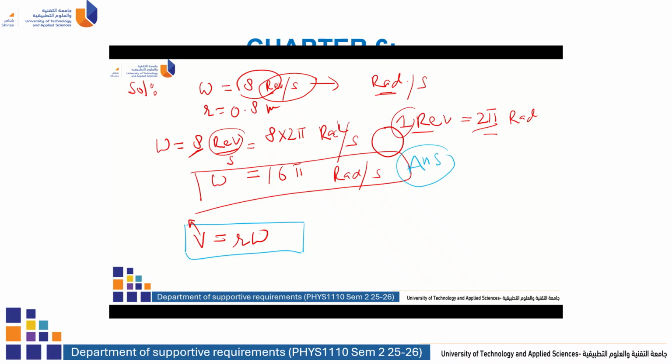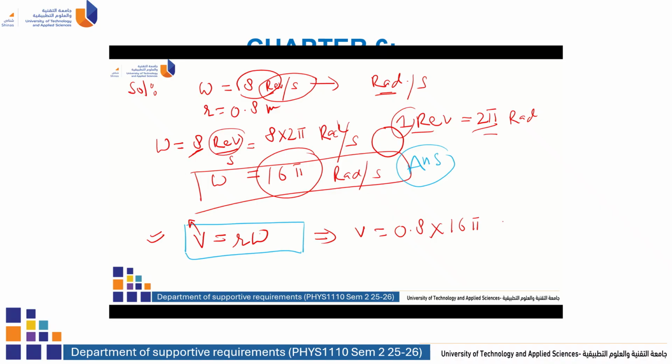In the second part they are asking for the linear velocity. The value of r of the tire is 0.8, and the value of omega is 16 pi.